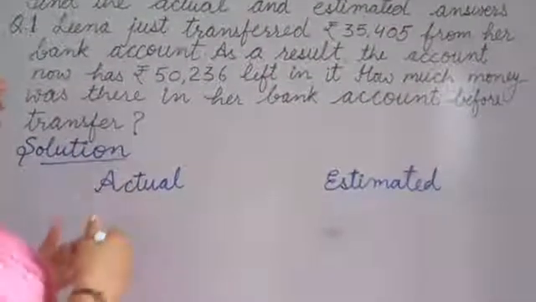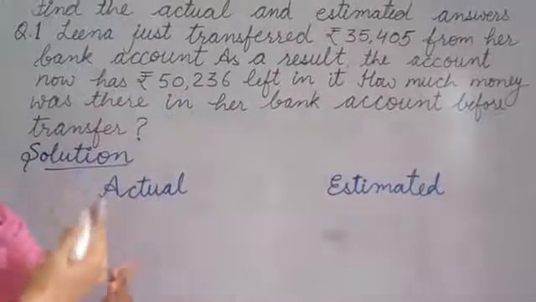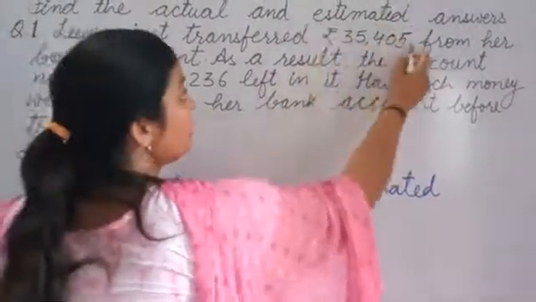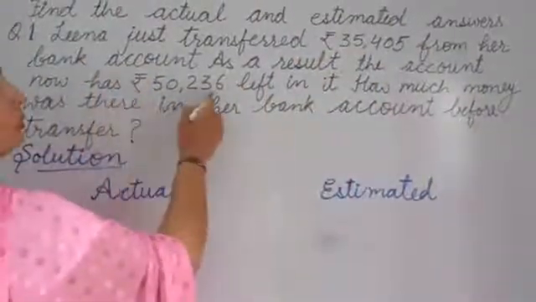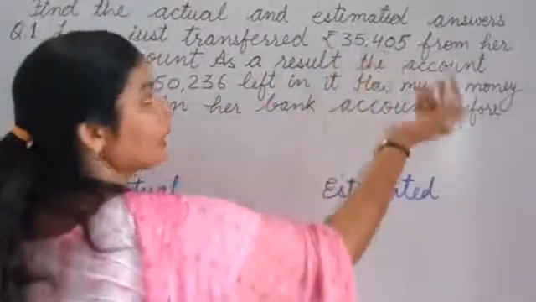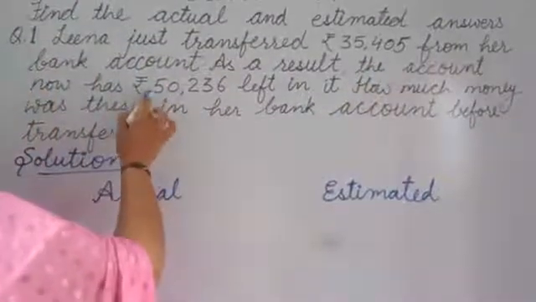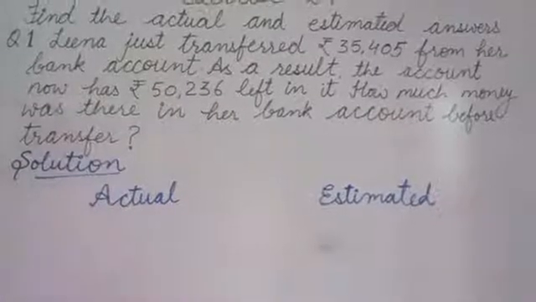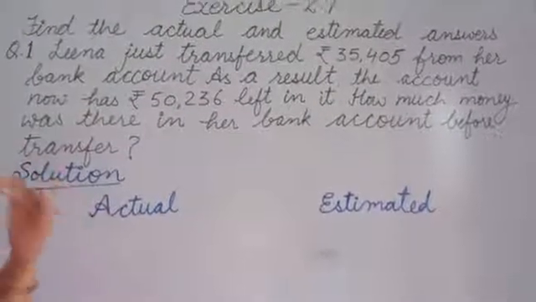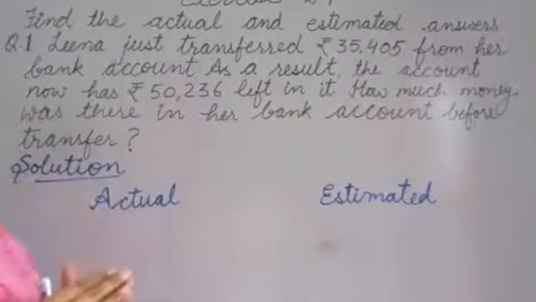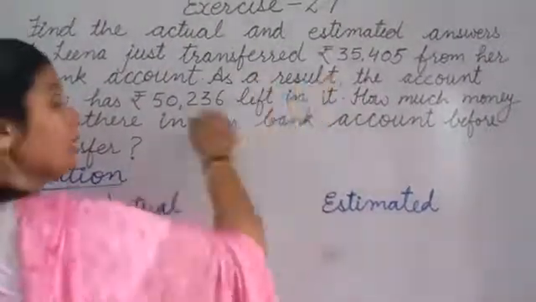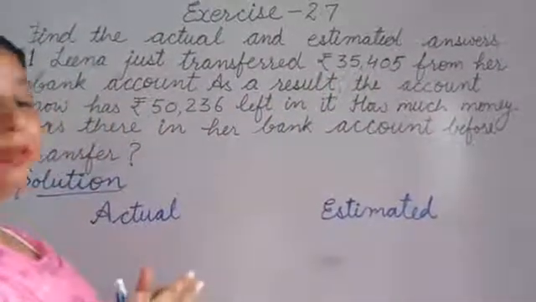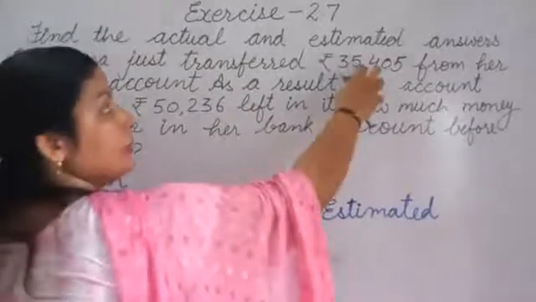You have to tell that. This amount is transferred, and now this much amount, 50,236, is in her account. So for before, what will we do? We will add them both. This was also in her account, and this one is also in her account. So before, how much amount? For that we will add them both.